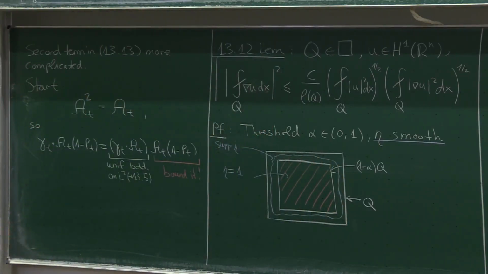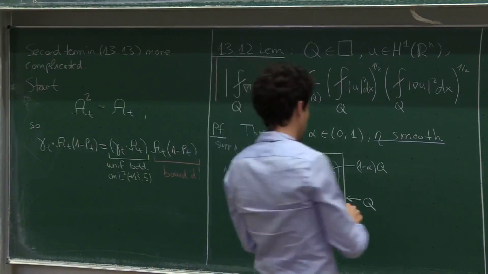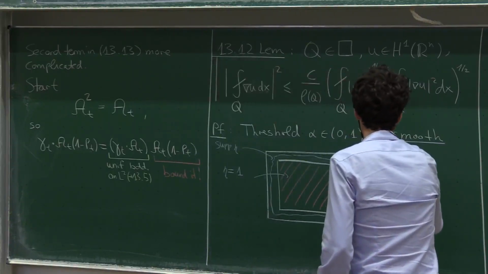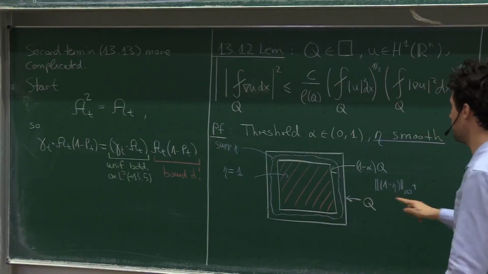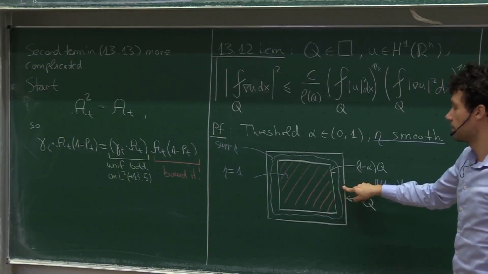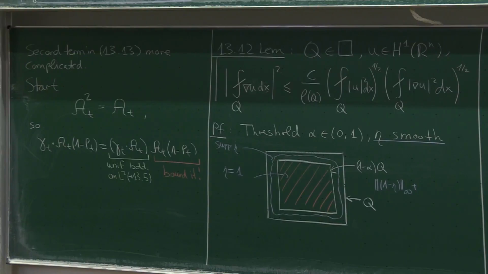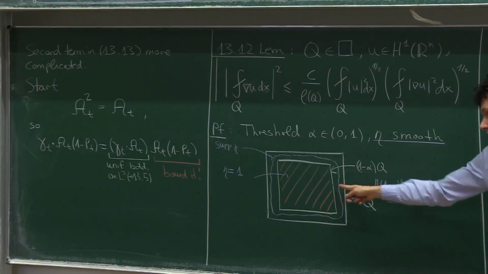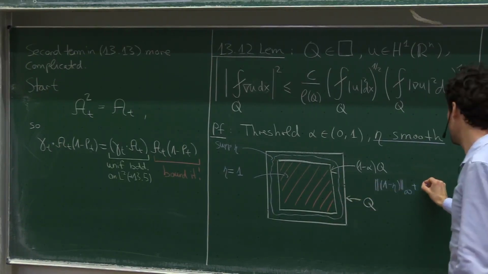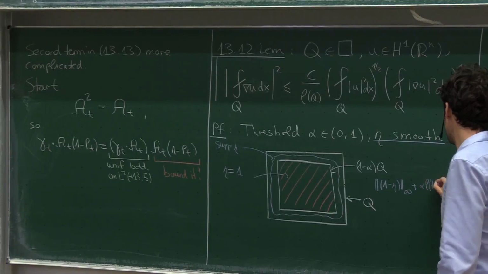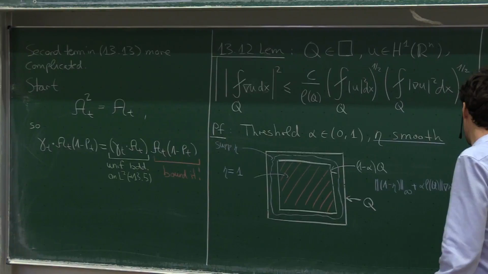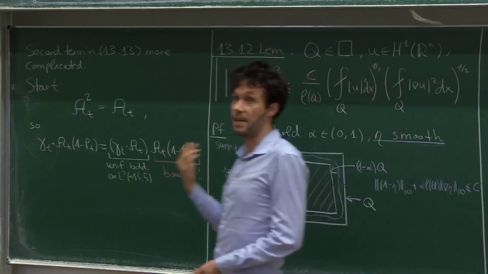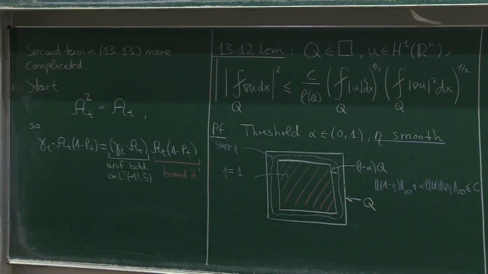Okay, and then there should be an estimate, and the estimate should be the usual one. So eta is bounded, and the gradient is comparable to the distance of these two sets, and the distance of these two sets is about alpha times the length of Q. So alpha times length of Q times the gradient of eta should also be bounded uniformly. It's the same kind of construction for test functions that we used when Robert showed you off-diagonal estimates.